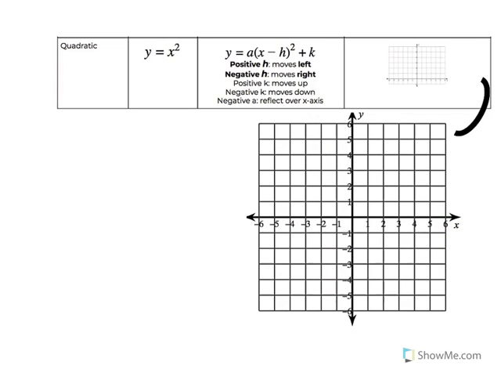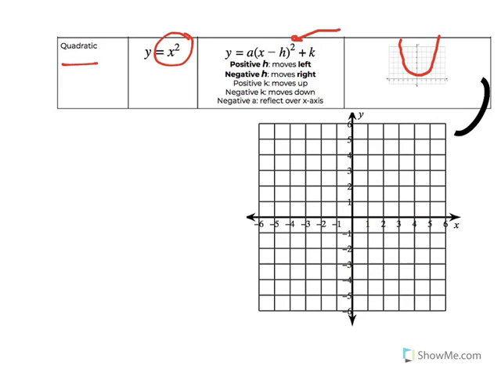The next parent function we're going to talk about is the quadratic function. So we talked a lot about these recently with graphing quadratics and solving them, quadratic formula, and factoring. So the general shape for a quadratic is a U shape. You're always going to have x squared, or squared, on the outside of your parentheses.